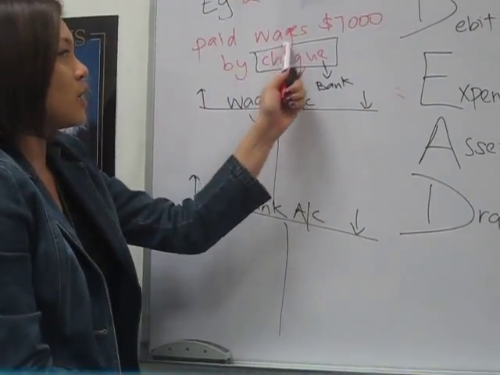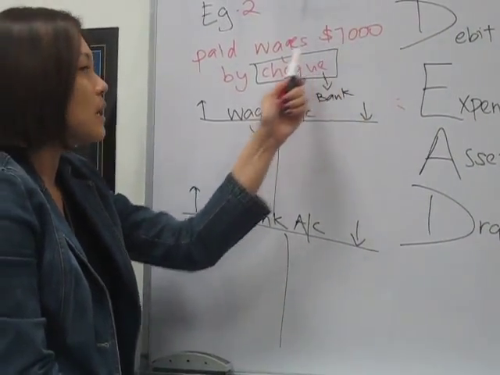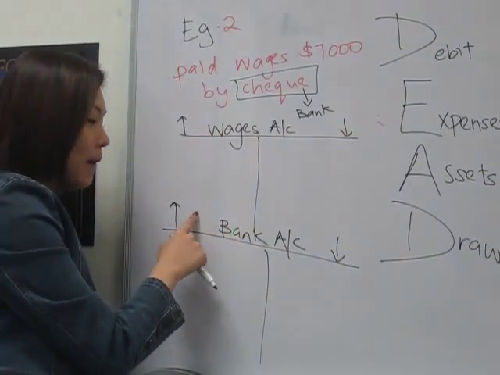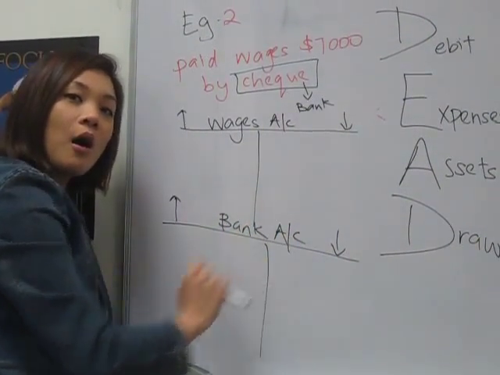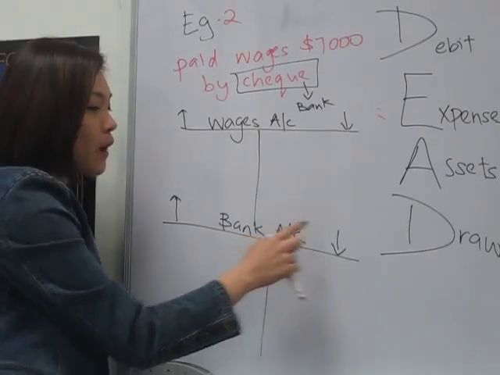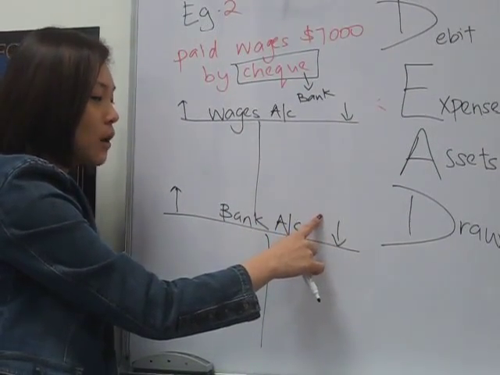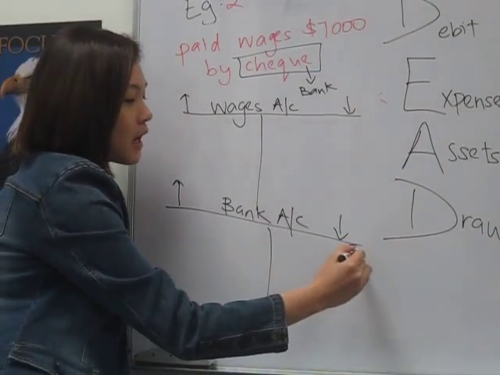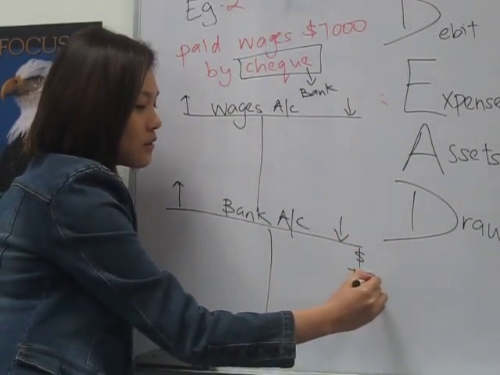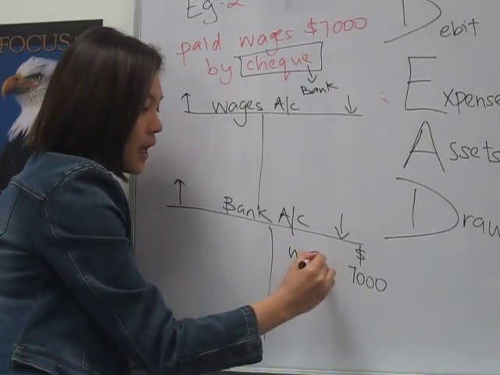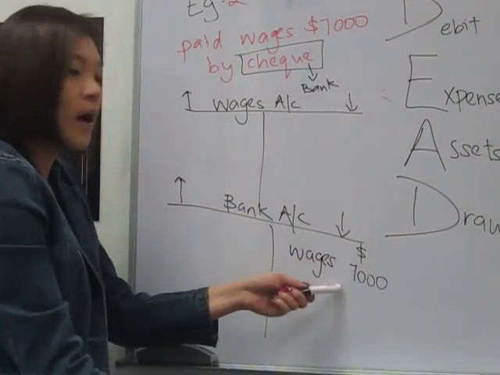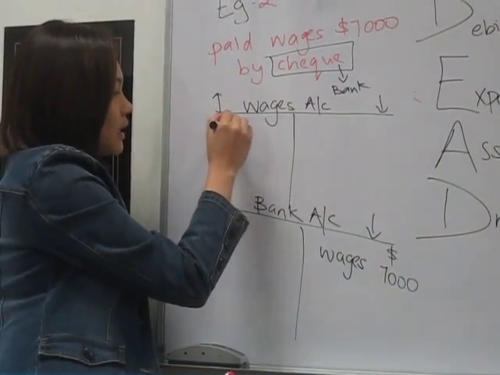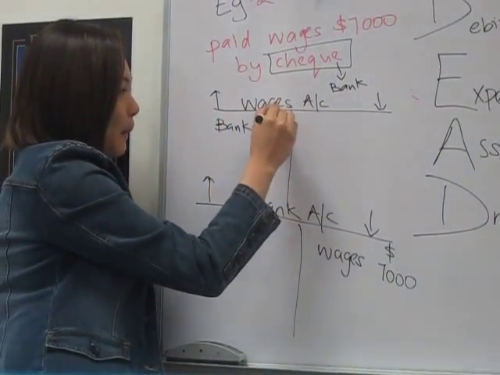When I paid wages $7,000 by check, will the money in the bank go up or go down? Obviously, the money in the bank will decrease. So I will credit the bank account 7,000. And as we established, one credit will form another one on the debit side.